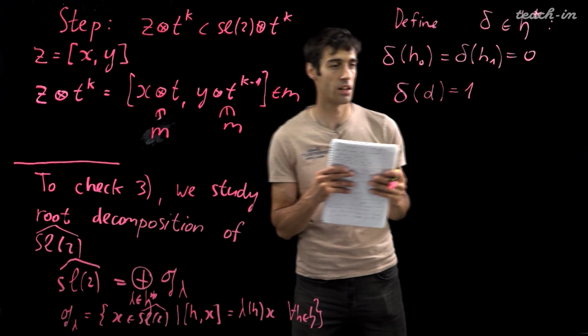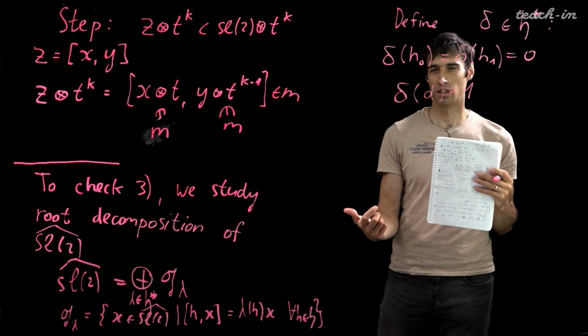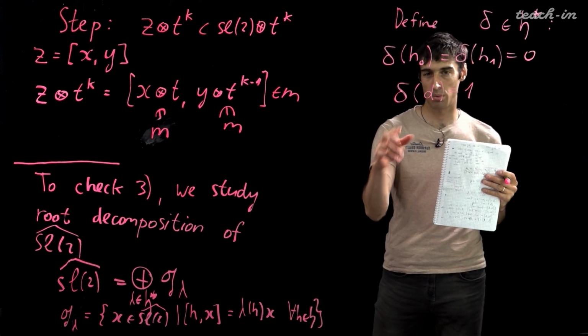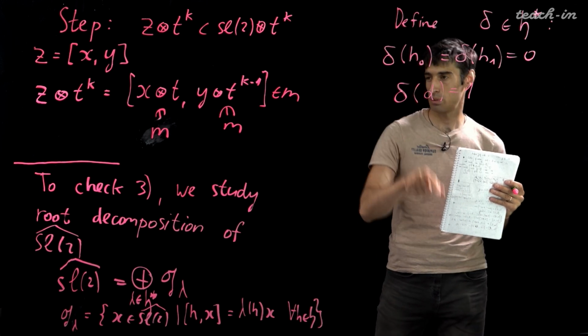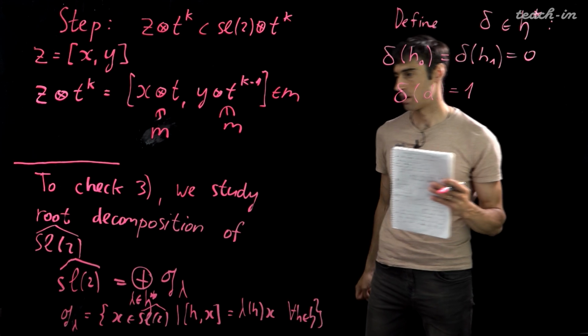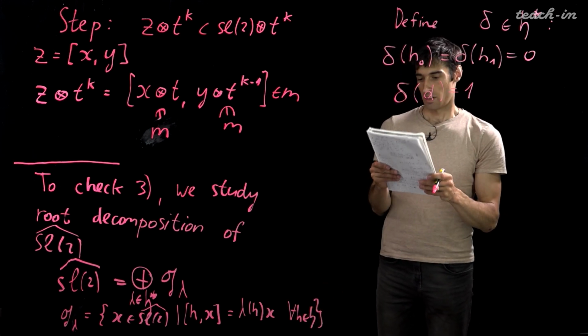So this is the most important role of the element D that I added. Sometimes in applications people even forget about this D, but this D is important if you would like to see that my affine Lie algebra is a Kac-Moody Lie algebra.